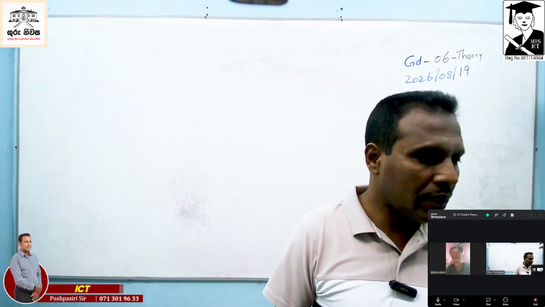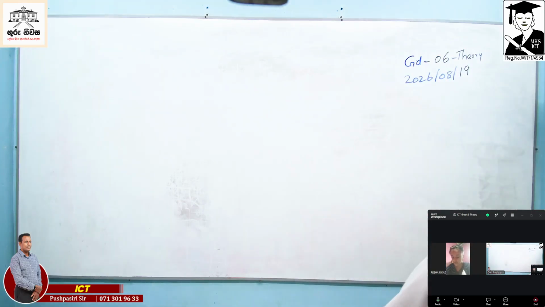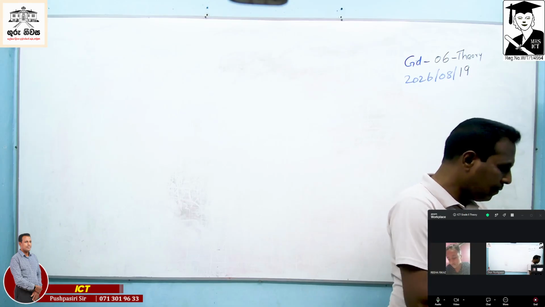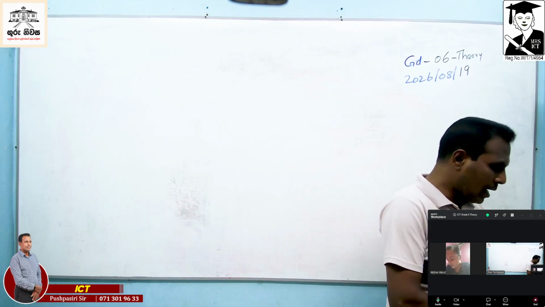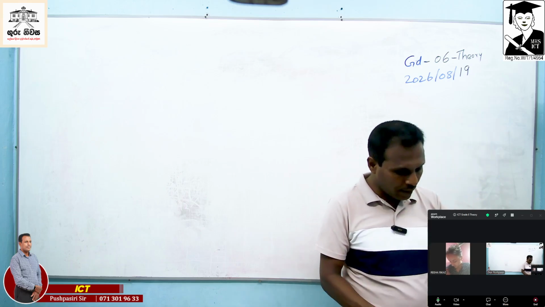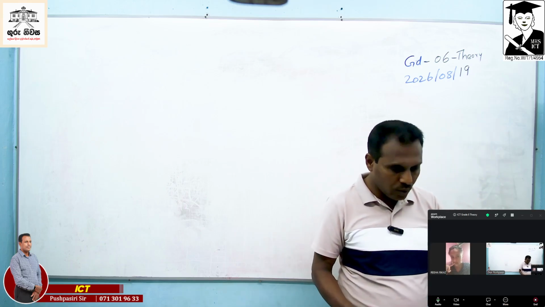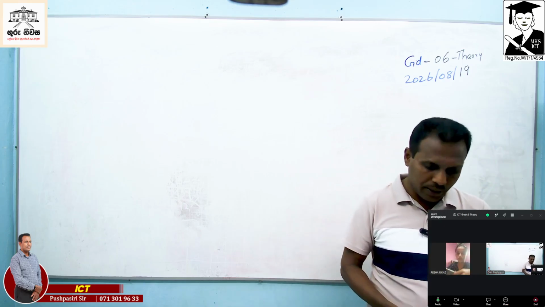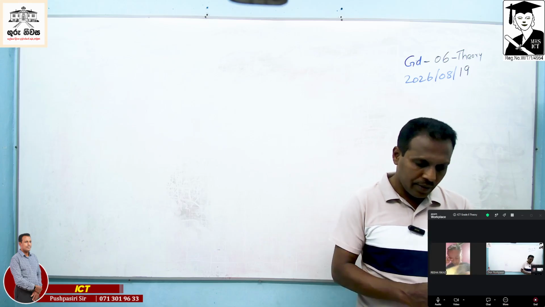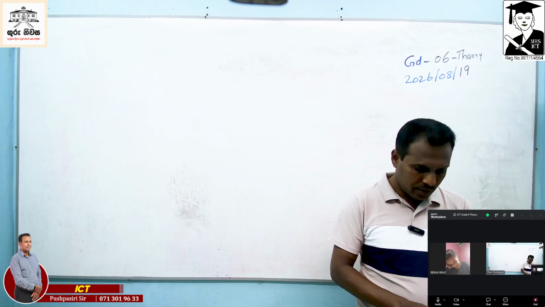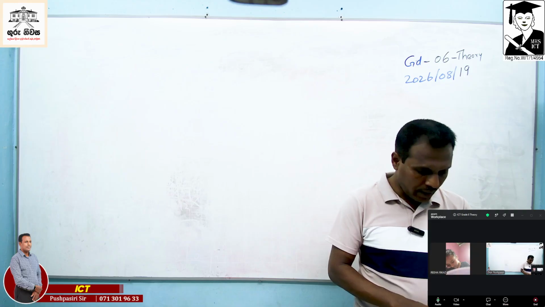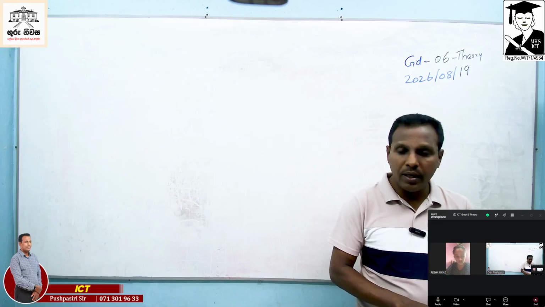So in the workbook we did a few things. We did activity 5.1 and 5.2, right? Yes or no? Okay, shall we go ahead with 5.3?